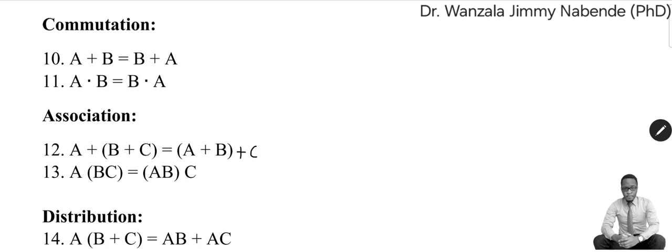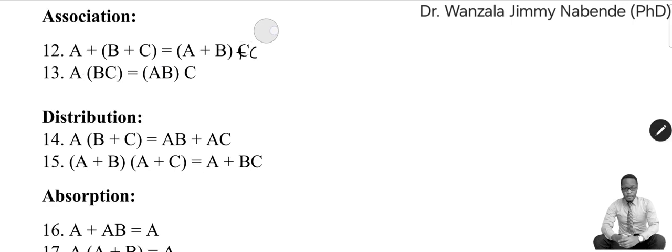As for commutation, this is basically a principle that states that changing the order of these inputs gives you the same answer. So be it addition, be it multiplication, the order doesn't matter.